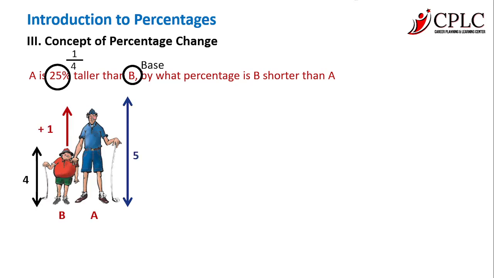Now in the second part they are asking the percentage, and for percentage, by now you should understand, you need to have a fraction. Once you have a fraction, you can do percentage, and vice versa, of course.